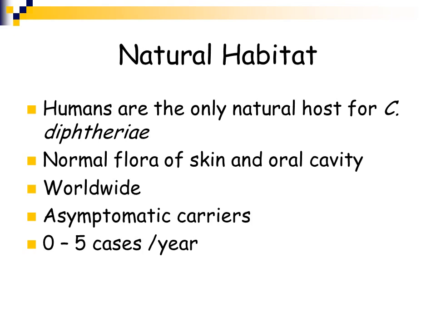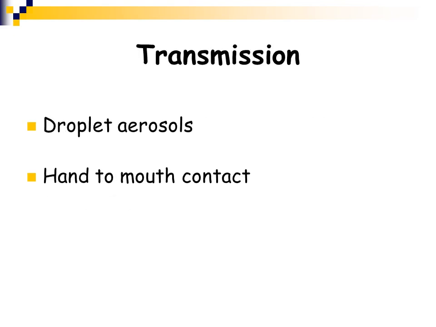However, like I said, over the past 10 years or so, there has been an increase in cases. Transmission is commonly through droplet aerosols, so breathing in infectious particles from another person, and also hand-to-mouth contact.